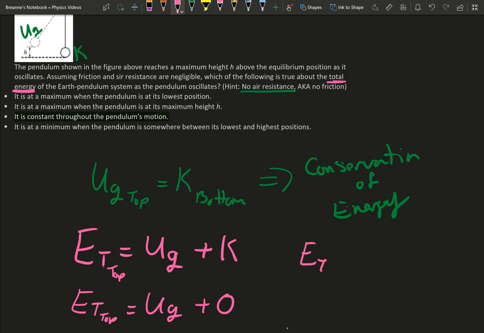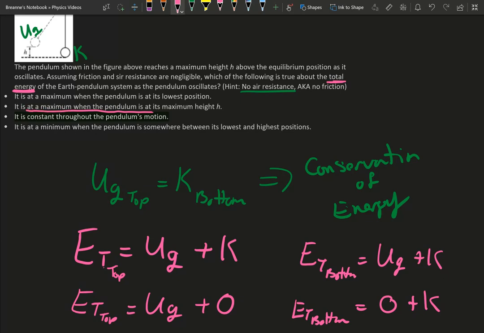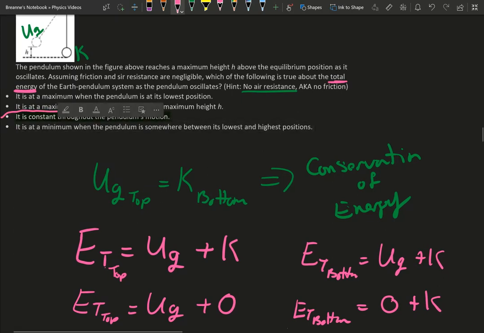If we're doing total energy at the bottom, it's just going to be kinetic energy. So that's why your potential at the top equals your kinetic at the bottom. And so your total energy never changes. It stays constant. That's where the conservation of energy statement comes into play.